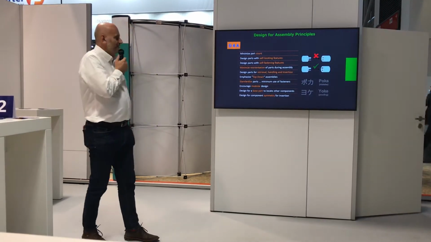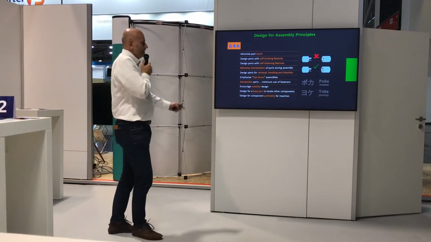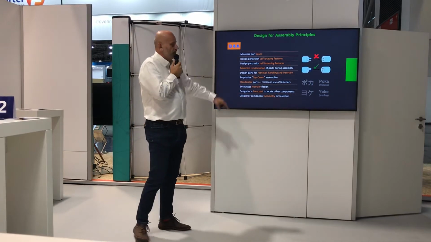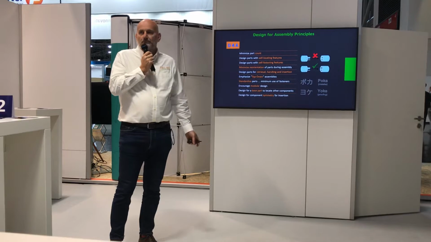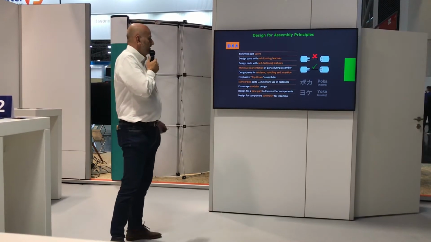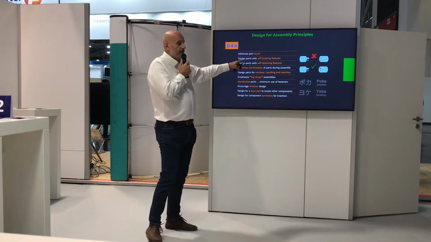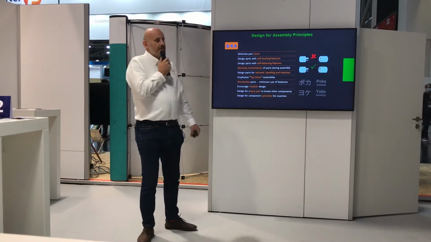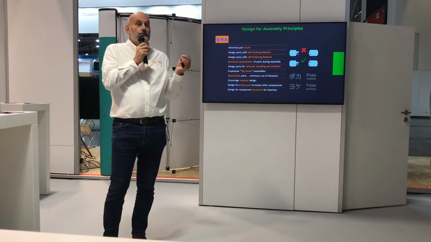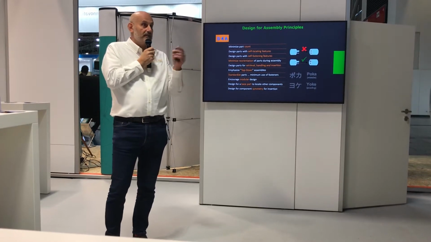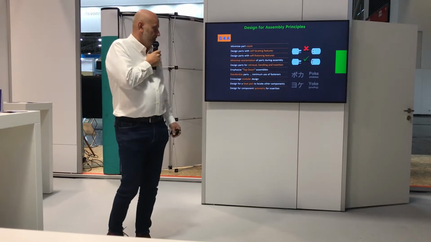So what does design for assembly mean? The principles are certain. First, you need to minimize the part count. The fewer, the better. Another important feature is that when you assemble the parts, you always know exactly where the parts have to go to connect one to the other.